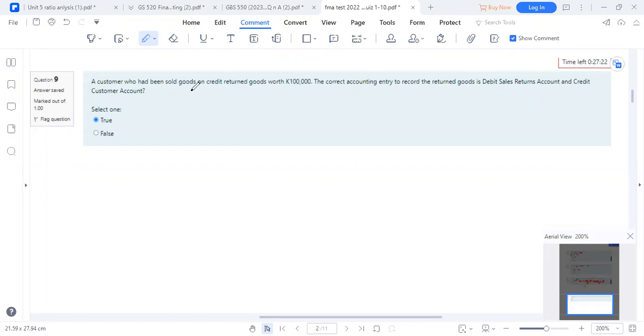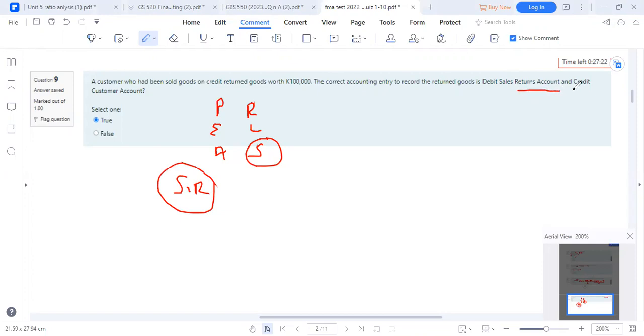So a customer bought goods, but returned them because they're damaged. So using pairs, remember, our sales are always what? Credited to increase them. Meaning the sales returns, we debit them to increase them. So sales returns is the opposite of the sales. So if the sales are credited, the sales returns will do what?